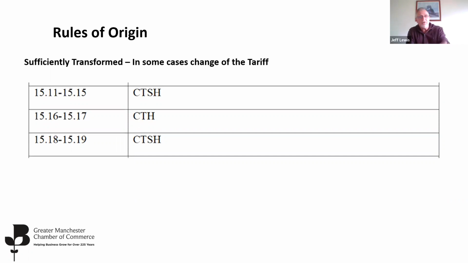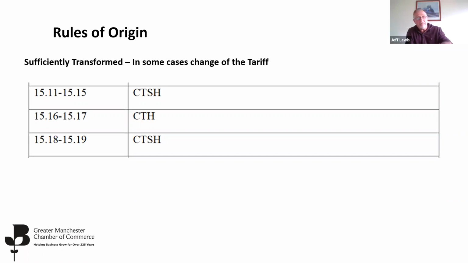So what does that mean if I have a product that starts 1515? What that means is if I'm manufacturing that product, and I have non-originating materials in my product, then they can't have the same tariff subheading or HS level as the final product.